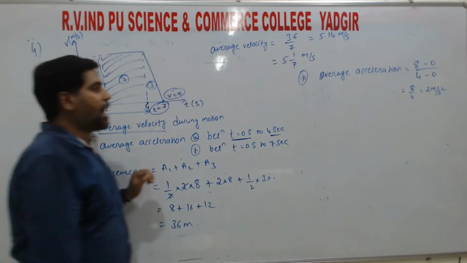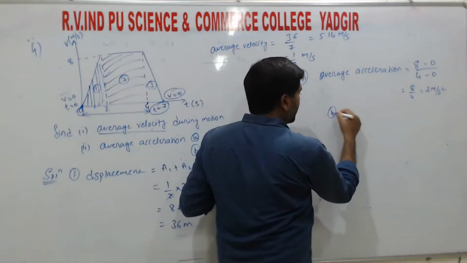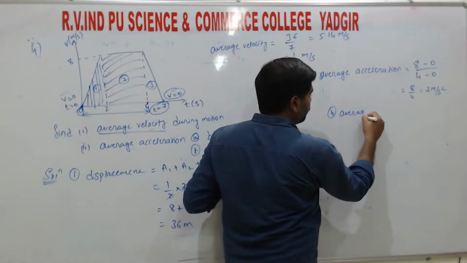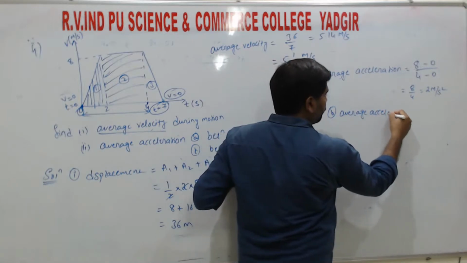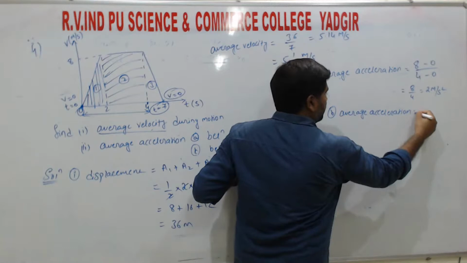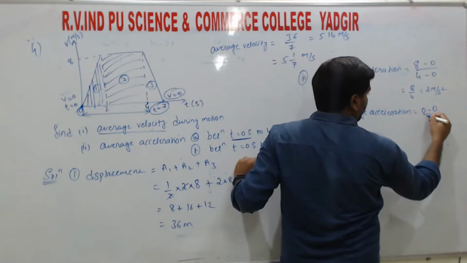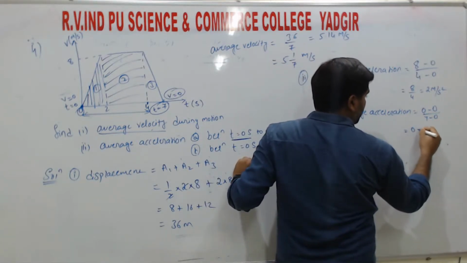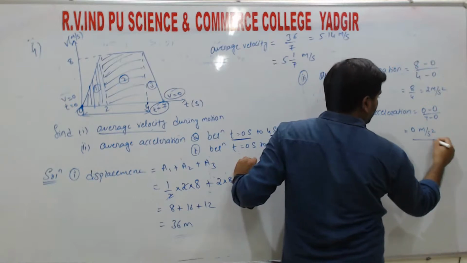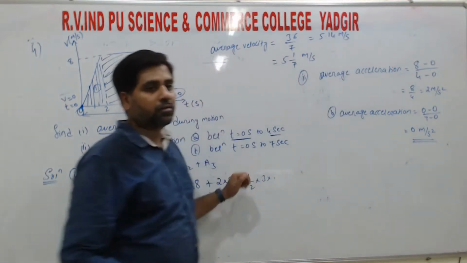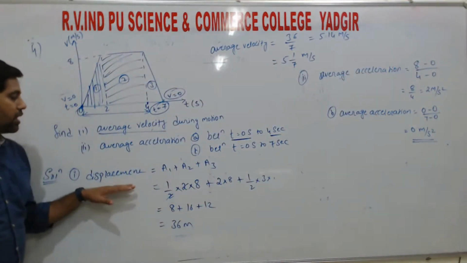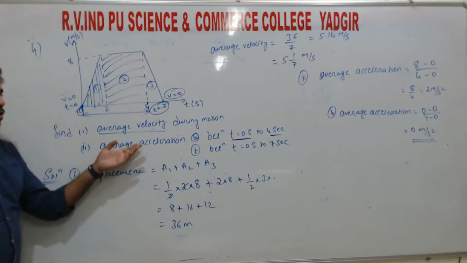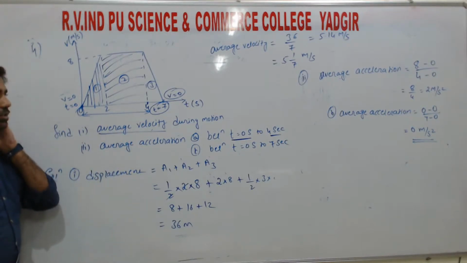So that means the average acceleration for the second case is equal to 0 minus 0 divided by 7 minus 0. That is 0 meter per second square. Right? So this is how we are going to calculate the displacement, velocity and acceleration.